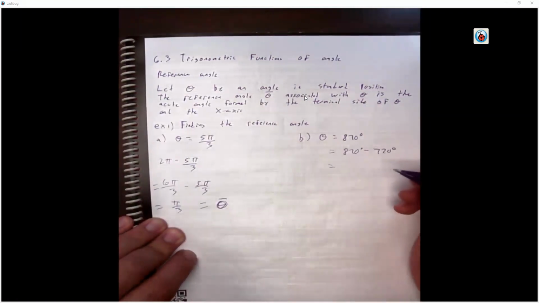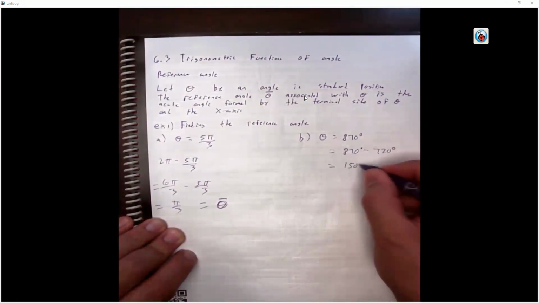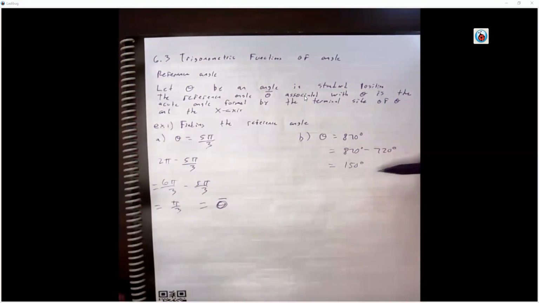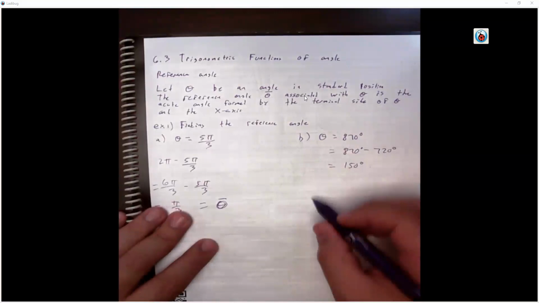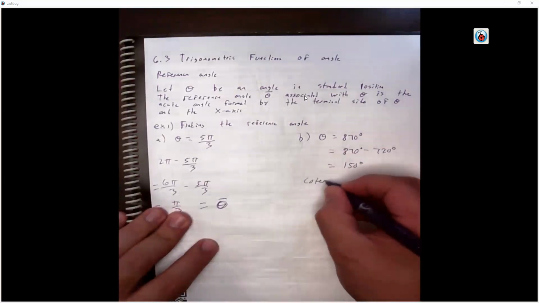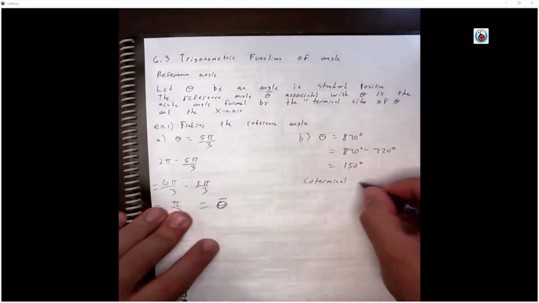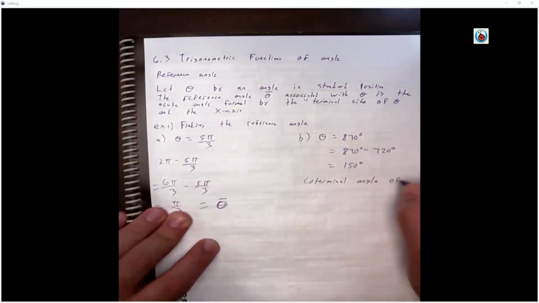That will be 150. So this angle right here is coterminal to 870. I think we call it terminal point or terminal angle in chapter 5. But this is now a coterminal angle of 870, which is 150.